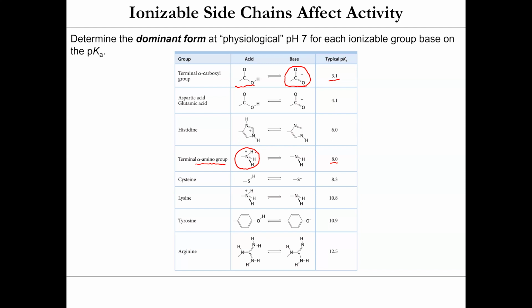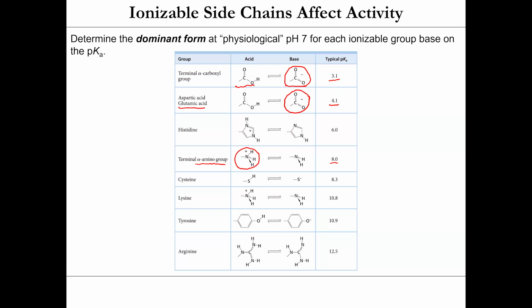Now, if we look at aspartic acid and glutamic acid, they have these carboxylic acid side chains on them. The pKa of that side chain carboxylic acid is going to be 4.1. So that's why the deprotonated form is going to be the dominant group at physiological pH 7, and that's why we refer to them as aspartate and glutamate.